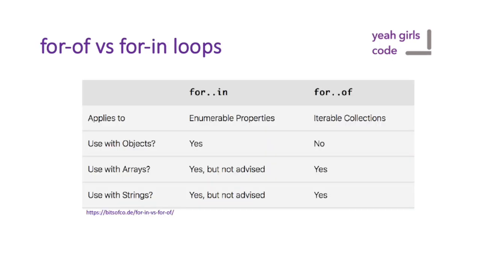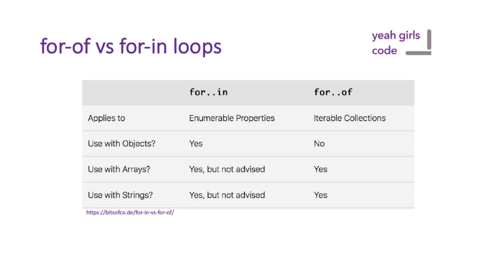So you might say, what's the difference between for...in and for...of? Well, let's compare them. for...in applies to enumerable properties, whereas for...of, as the codes just suggested, applies to iterable collections.